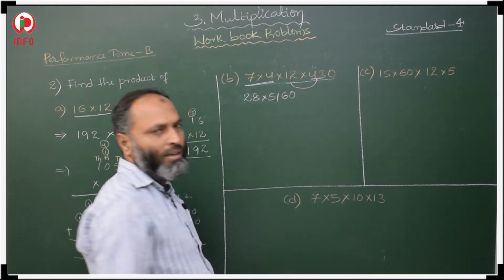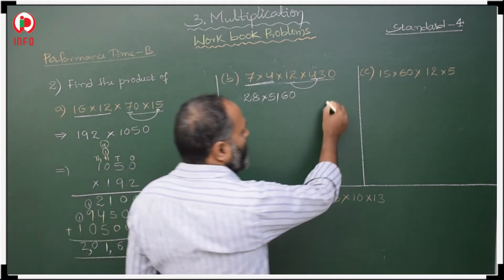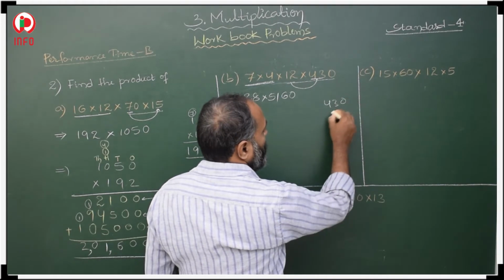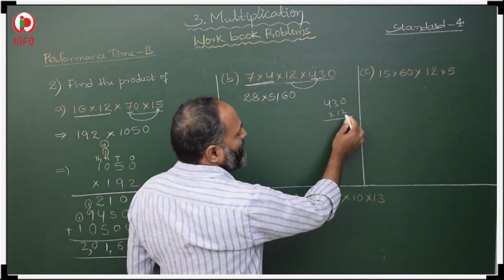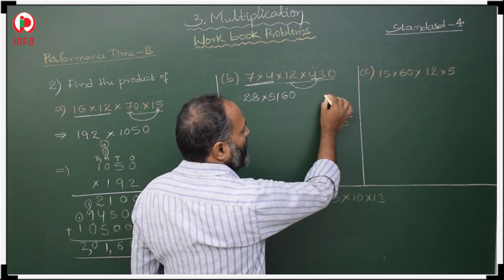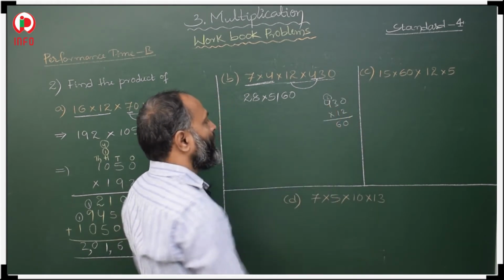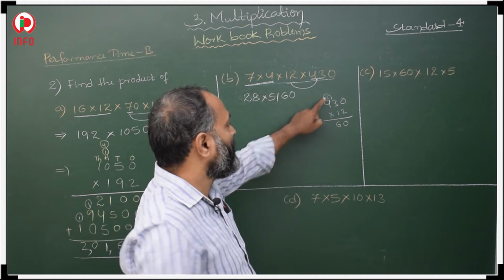If you feel it is difficult, then you take 430 into 12. 12 zeros are 0, 12 3s are 36 and 3, 12 4s are 48, 49, 50, 51.